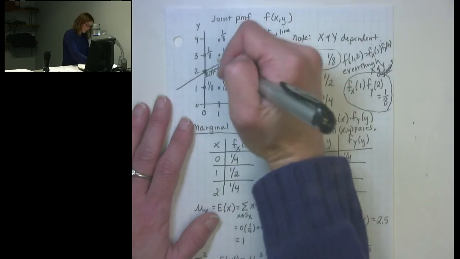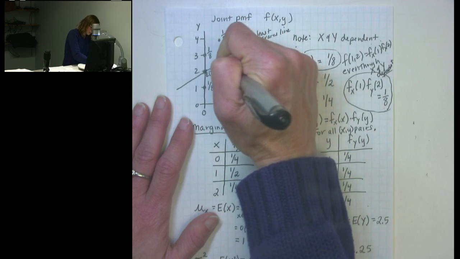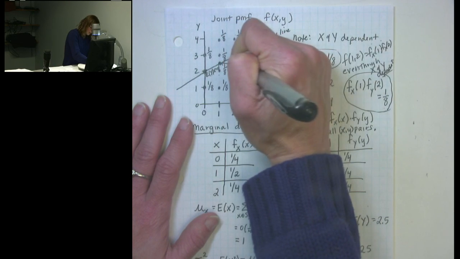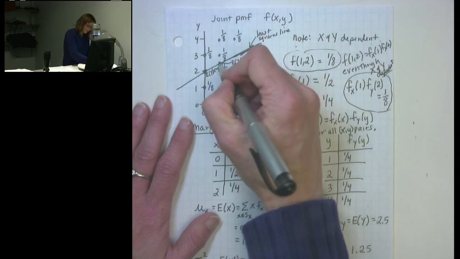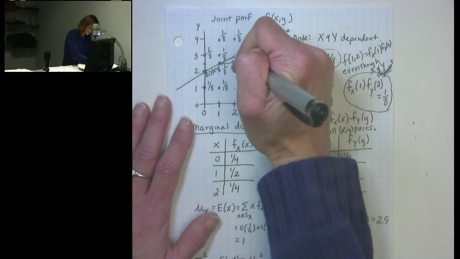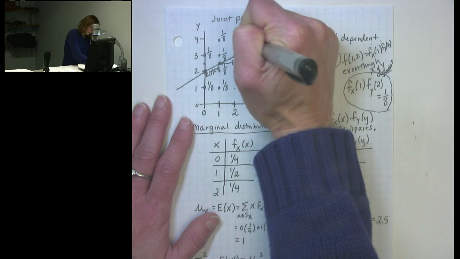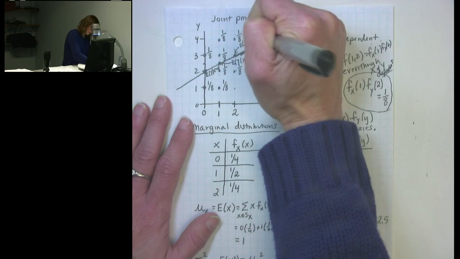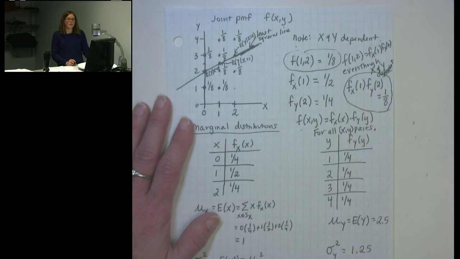The expected value of y, given that x is equal to 1, is 2.5. And here, the expected value of y, given that x equals 2, is equal to 3. And I'm just pointing out that these expected values fall perfectly on our least squares line.